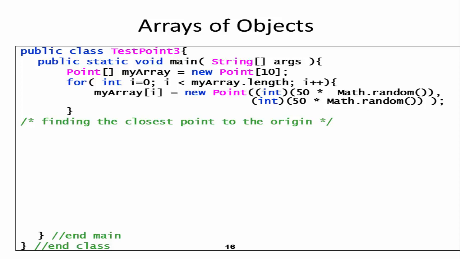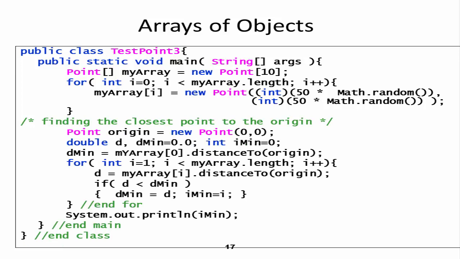Now I want to write code that is using the Point class, and what it does is take all the 10 objects and identify the point with the minimum distance, x and y, from the origin, from 0, right? Previously we had the distance to method, which is between 2 points. Now what I want to calculate is the minimum distance between any point and the origin, among all these 10. Good?